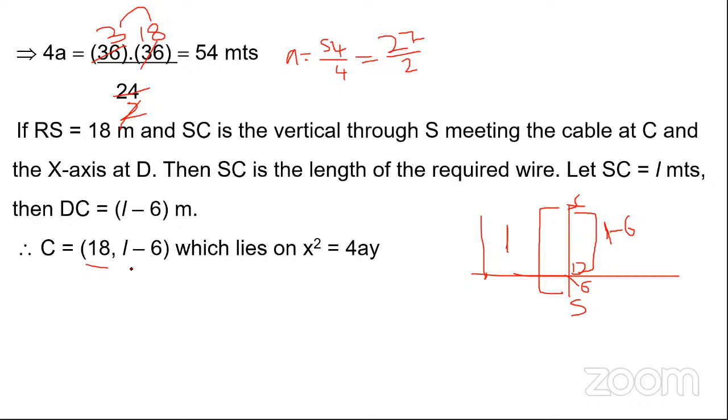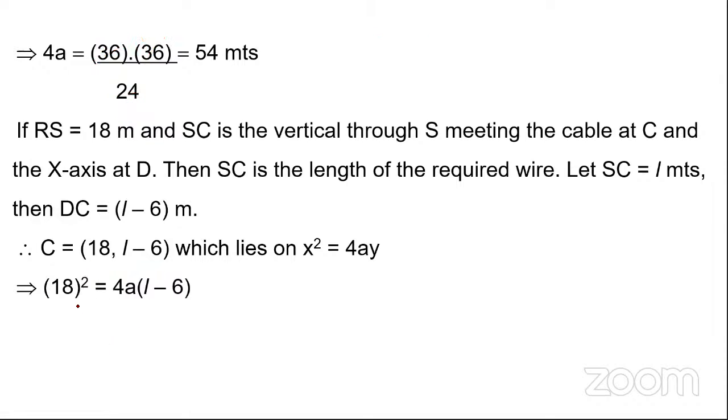That's why I'm writing the coordinates of C as (18, L minus 6), which lies on x square equal to 4ay. This point also lies on the parabola, so just substitute the values. 18 square equal to 4a of L minus 6.